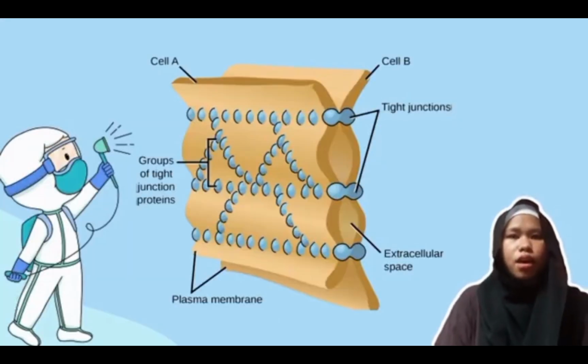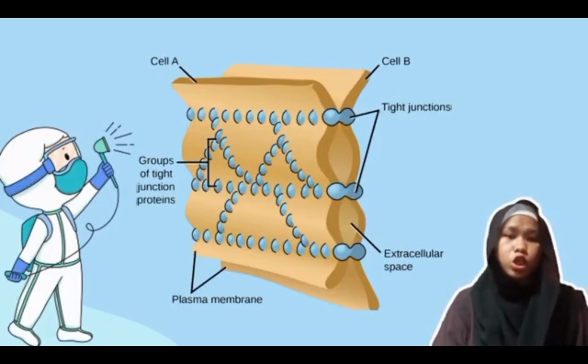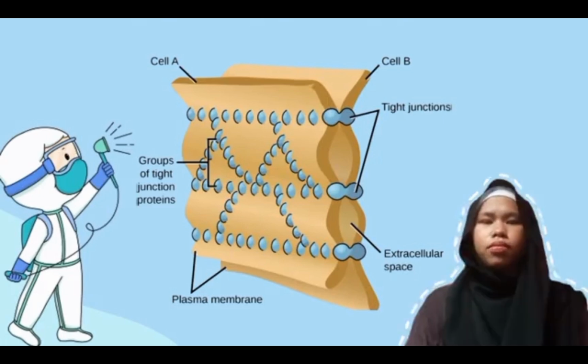And also there's an extracellular space. This is the space between the two cells, as you can see in the picture. So the tight junction proteins create a seal within this space and prevent leakage.